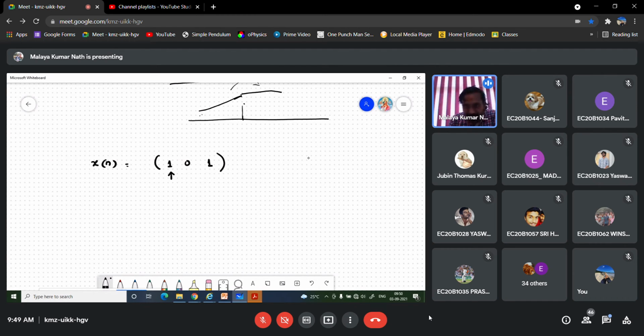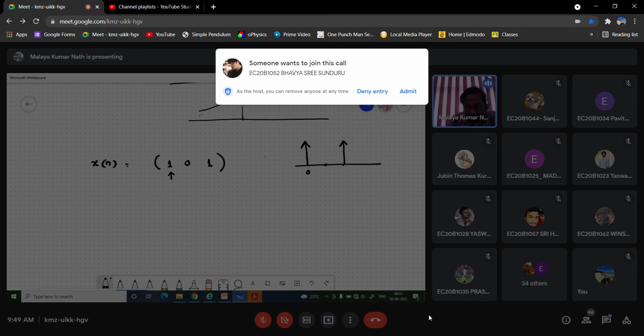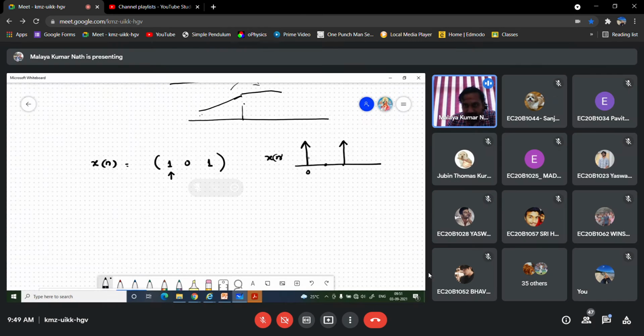It is a discrete signal whose value is 1 at n equal to 0, its value is 0 at n equal to 1, and its value is 1 at n equal to 2. Am I right? Are you getting my point or not? So that is for n equal to 0, 1 and 2.